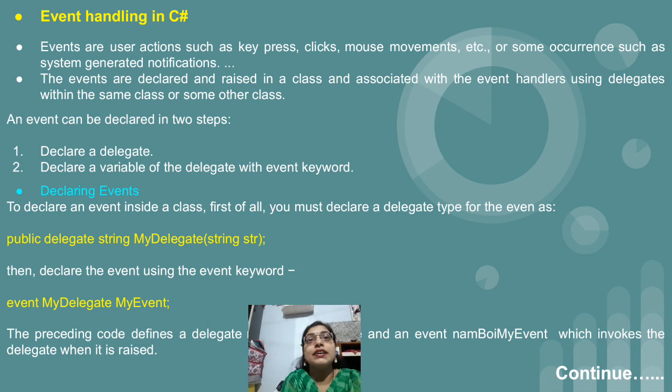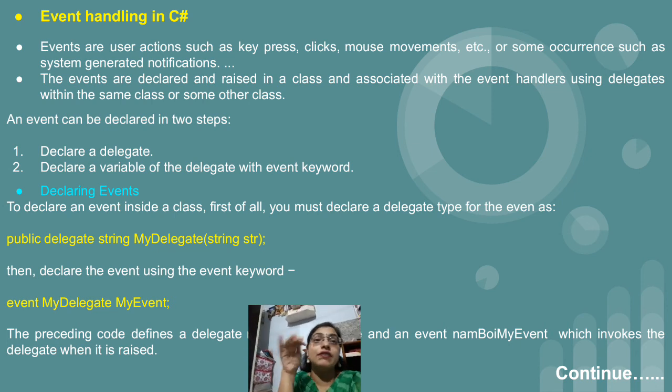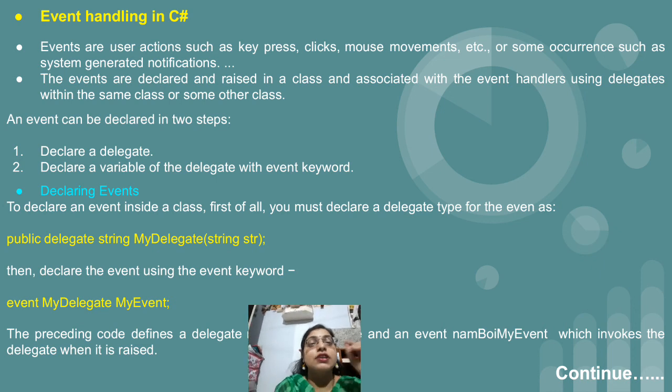So basically there are two steps while declaring an event, that is declare the event delegate, and once you declare the delegate then we will create the event to call that particular delegate. Now with the help of an object we are calling the methods which are referred to by the delegate, but now here we will call the delegate on the occurrence of a certain event.